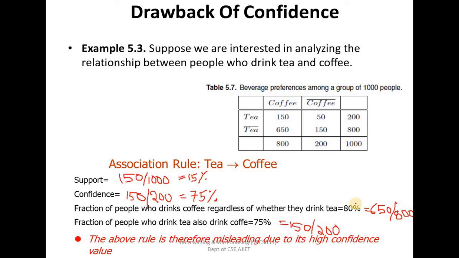Because of these limitations of the support confidence framework, various objective measures have been used. Those objective measures we will be seeing in the next lecture. So here we can see that even though a rule has high confidence, it might be misleading, because the fraction of tea drinkers who also drink coffee is 75%, which is less than the fraction of people who drink coffee, that is 80%.